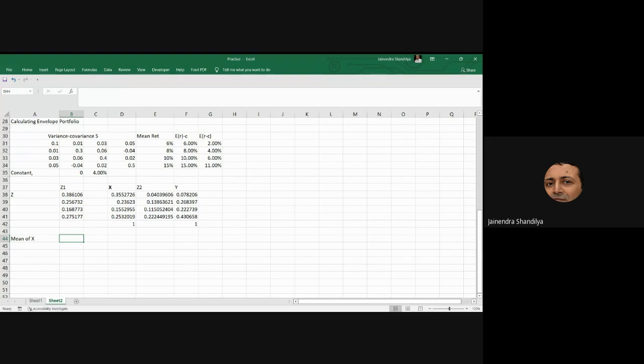Can you calculate mean of X now that you have X and Y? Yes, you can.